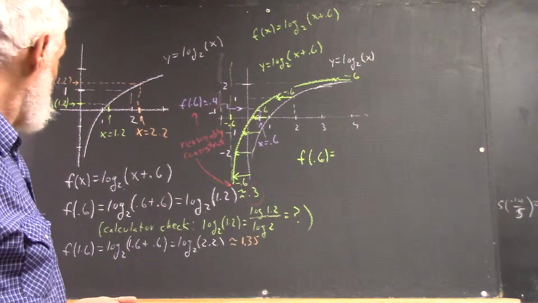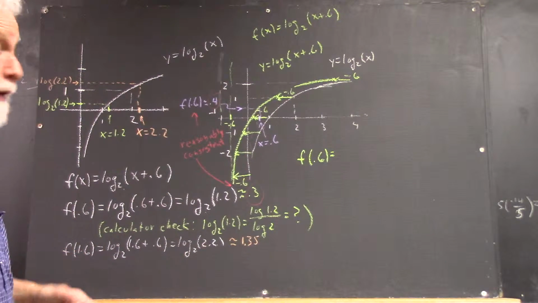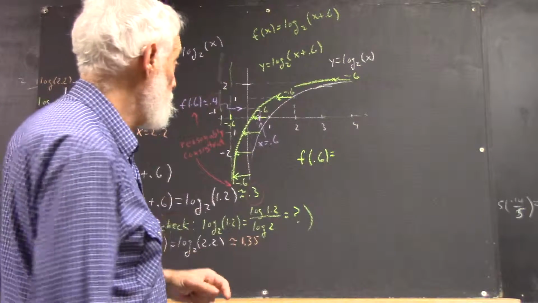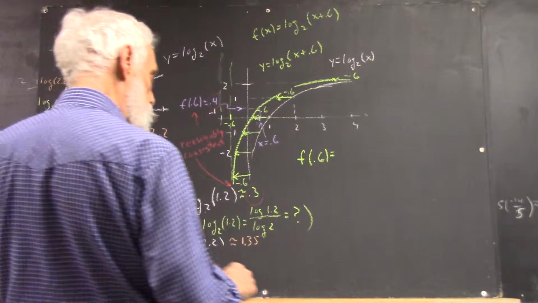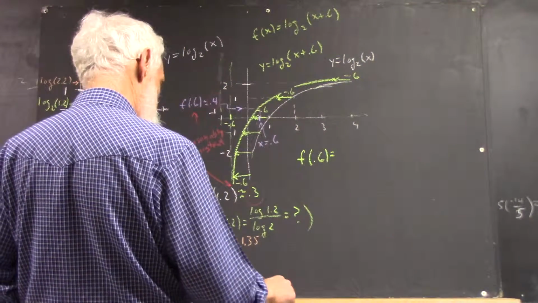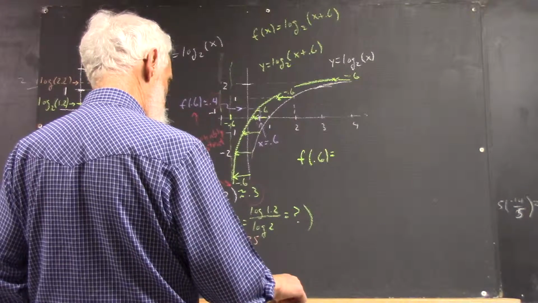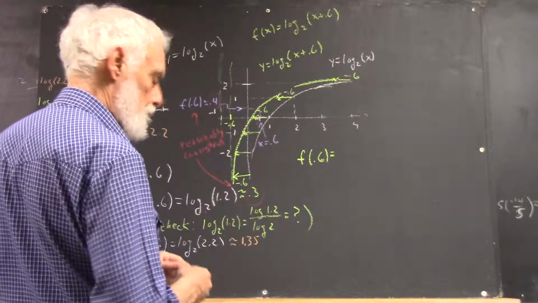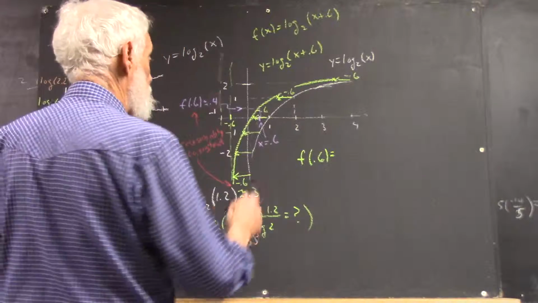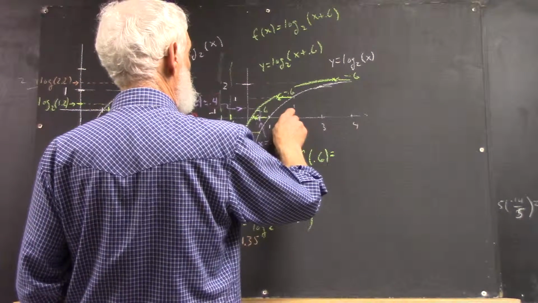Okay, then if I want f of 1.6, what's my estimate according to the green graph? Well, here's x equals 1.6. Let me find a different color. Hopefully one that has enough chalk to write with. So here's 1.6, right?